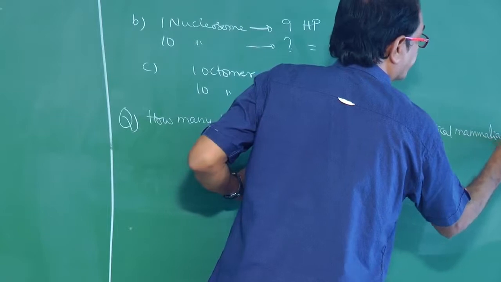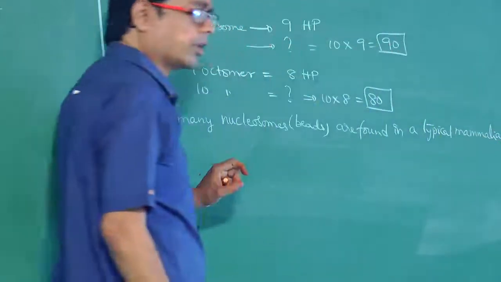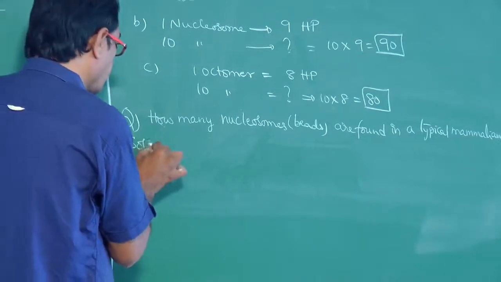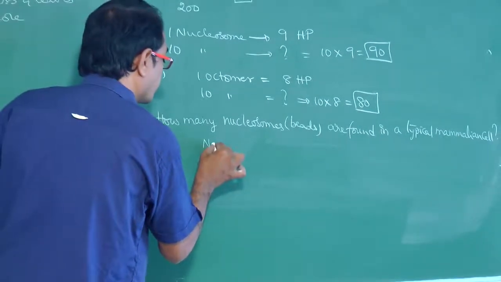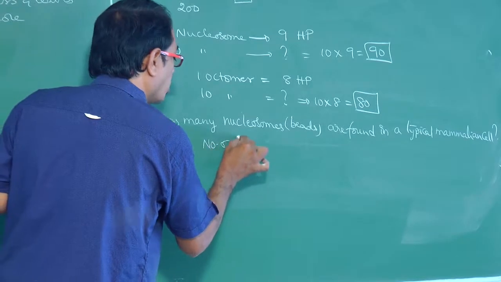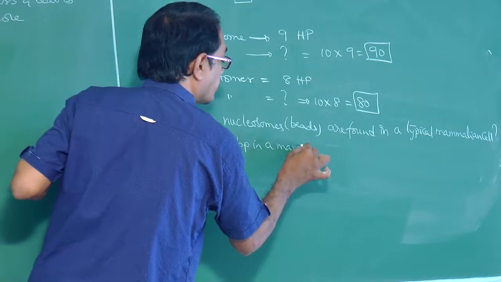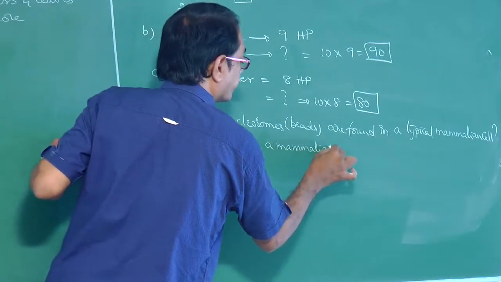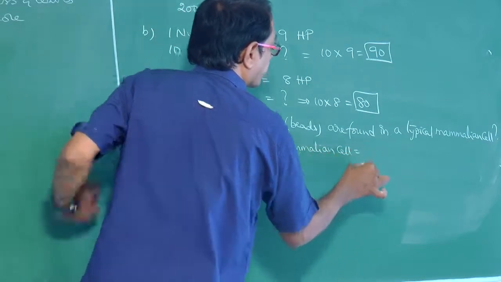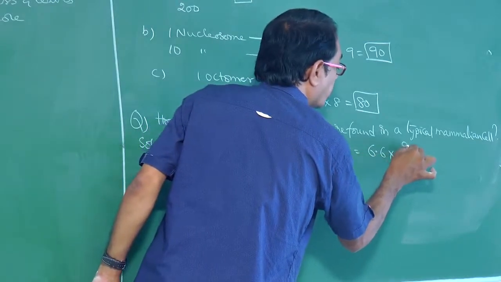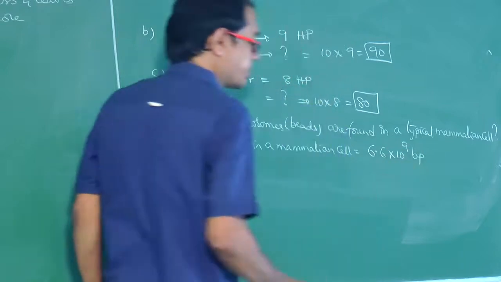We know the number of base pairs in a mammalian cell is 6.6 into 10 power 9 base pairs.